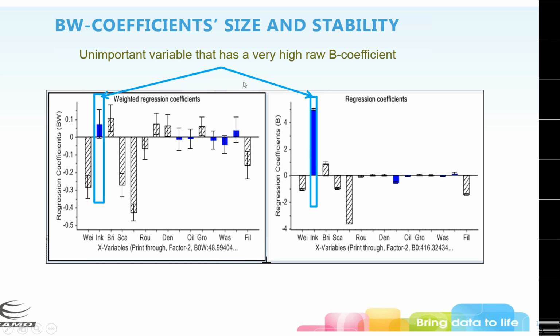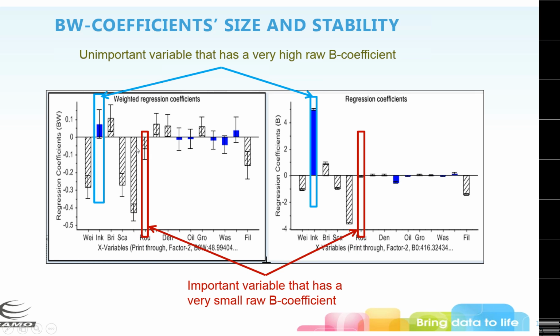Sometimes, in this case, you might see that something has a weighted regression coefficient that is not explaining things very well, but when you look at the regression coefficient that you're actually going to be using, it has a very high value. That's another indication that you need to remove those variables before you move on.